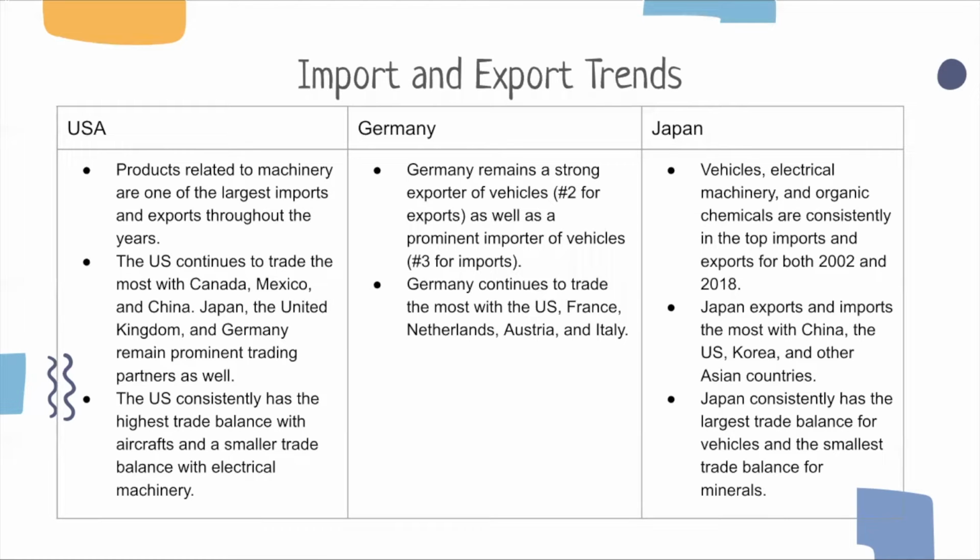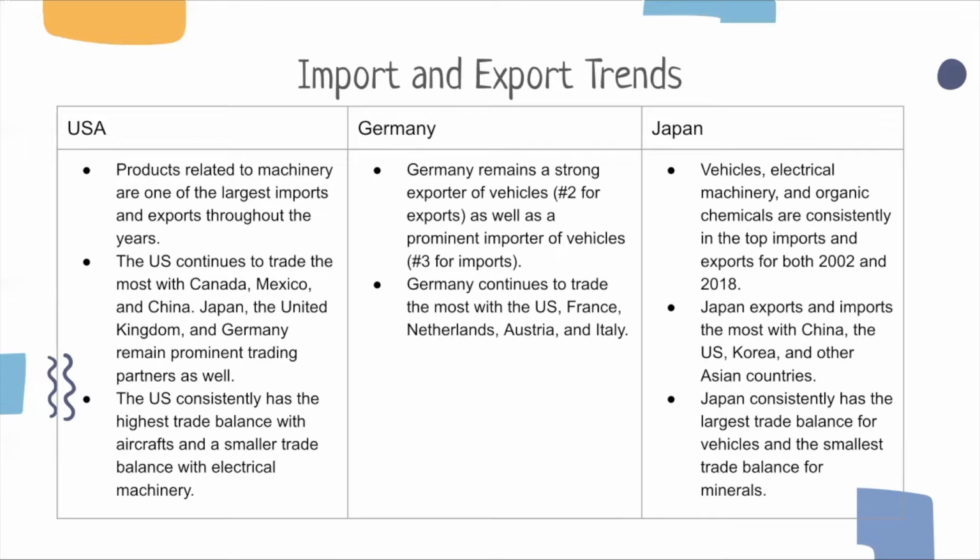And then just to touch on some import and export trends. So as we can see, the US tends to trade with countries that are similar to it, with products that are also similar. So we saw that products related to machinery are one of the largest imports and exports throughout the year.